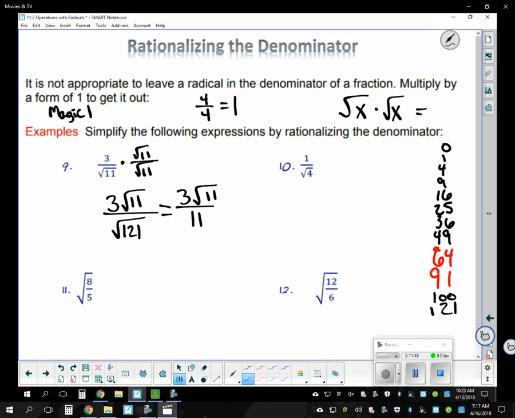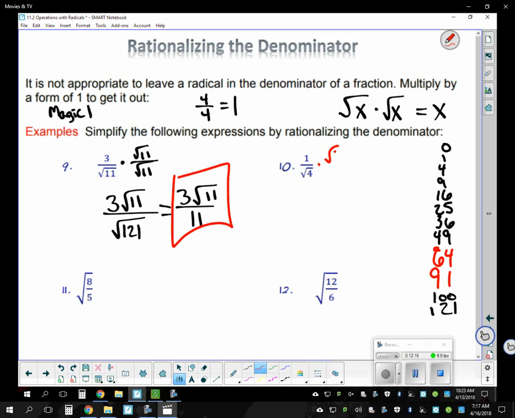Just a reminder, if you have square root of x times square root of x, it's just x. So square root of 11 over square root of 11 just became 11. Now we did the intermediate step where we made it square root of 121 and then took the square root, but it's always going to work out that way. The other thing is students always want to cancel these 11s. You can't. One is under a radical, one is not, so you cannot cancel them. That is your answer.